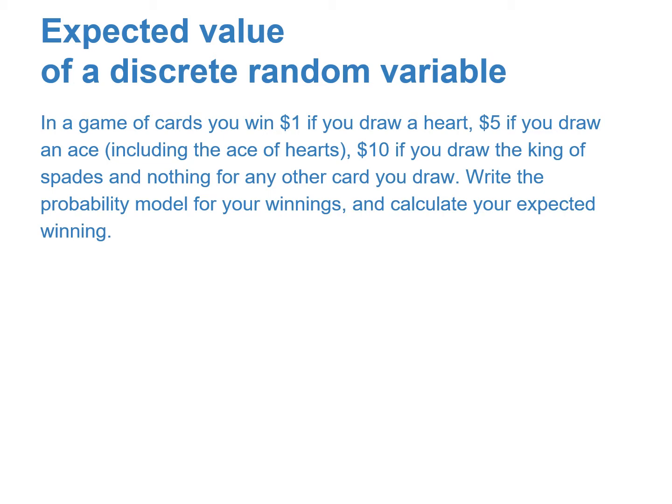Okay, so in this situation, our random variable that we're interested in, capital X, is the winning. To write the probability model, we're going to list all of the possible values, little x, for the winnings and figure out the probability that the winnings takes on each of those values.